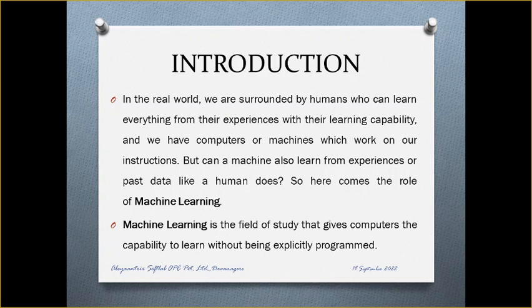In machine learning, we are not programming the computer explicitly. Without being explicitly programmed, the computer understands the things and builds that capability. It develops the capability to understand the data set we have given it, analyzes the pattern of distribution of the data, and gives the results according to its level of understanding.